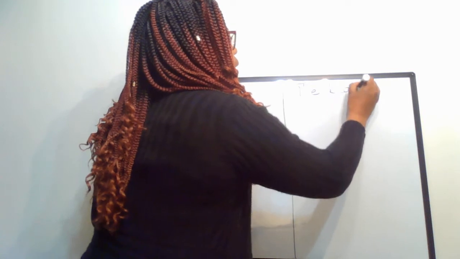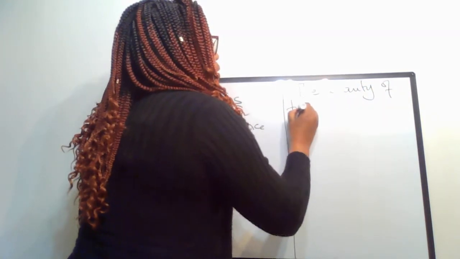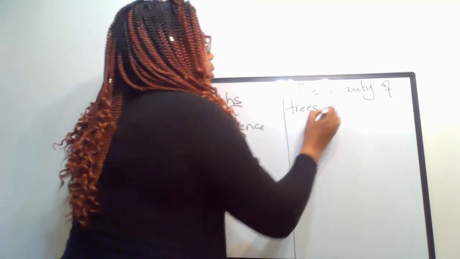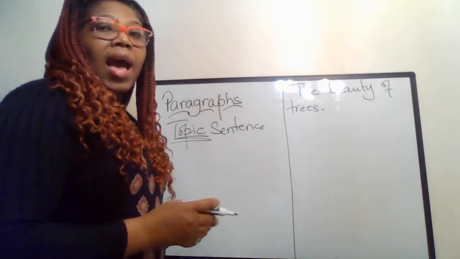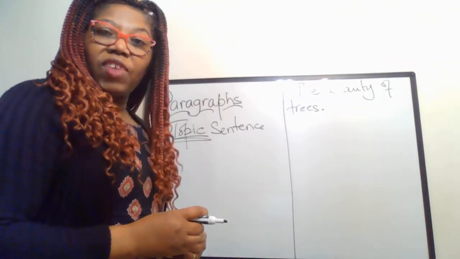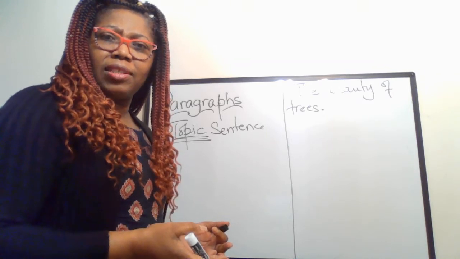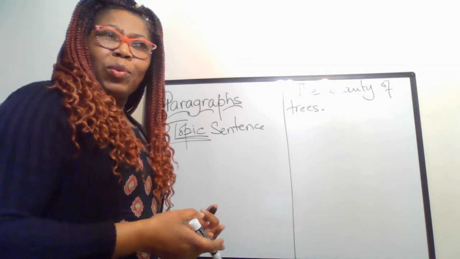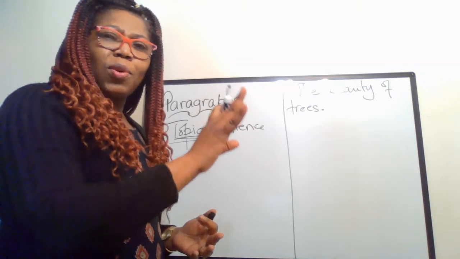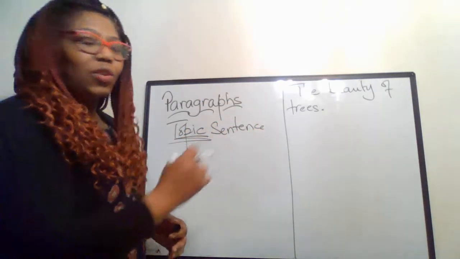The beauty of trees. Simple topic, the beauty of trees. I don't know how many other people find nature in and of itself beautiful, but I love nature. I have this thing about seeing the forest with all the greenery. But anyway, let's say this is our topic.